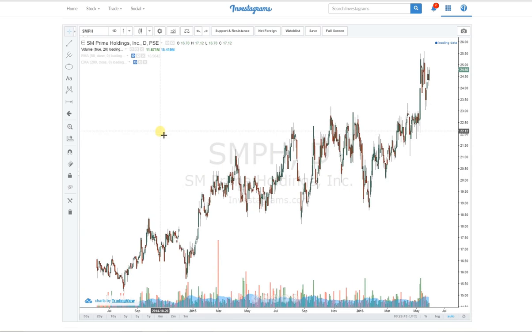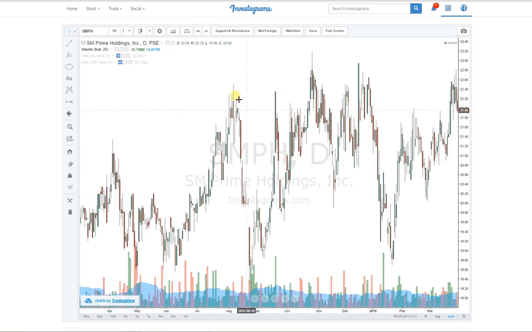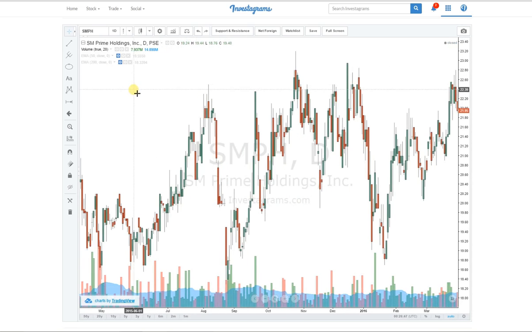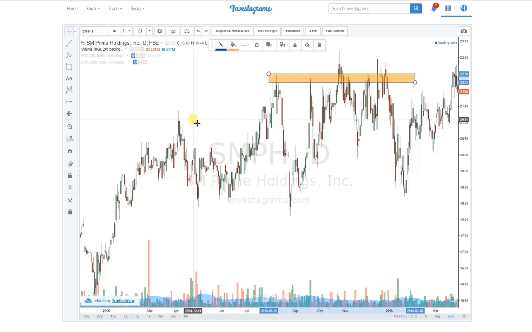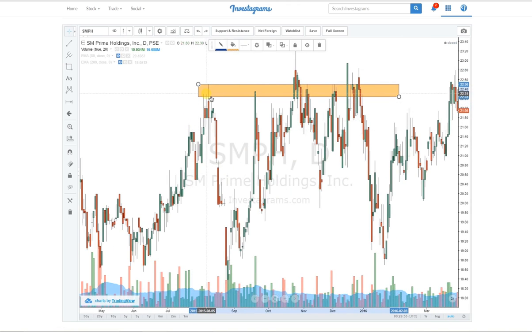So let's look for an example here. SM Prime. So just to illustrate, you're tracking the previous high, right? Around 22, you see that 22 to 22.50 is the resistance for SM Prime.